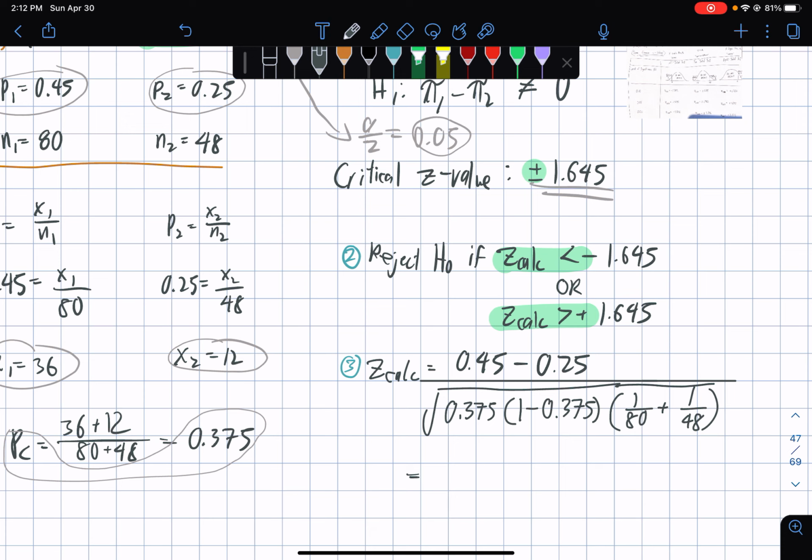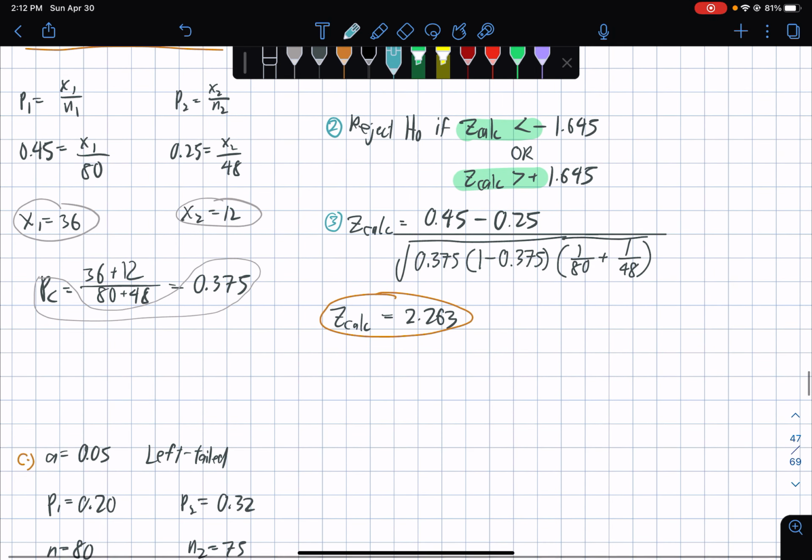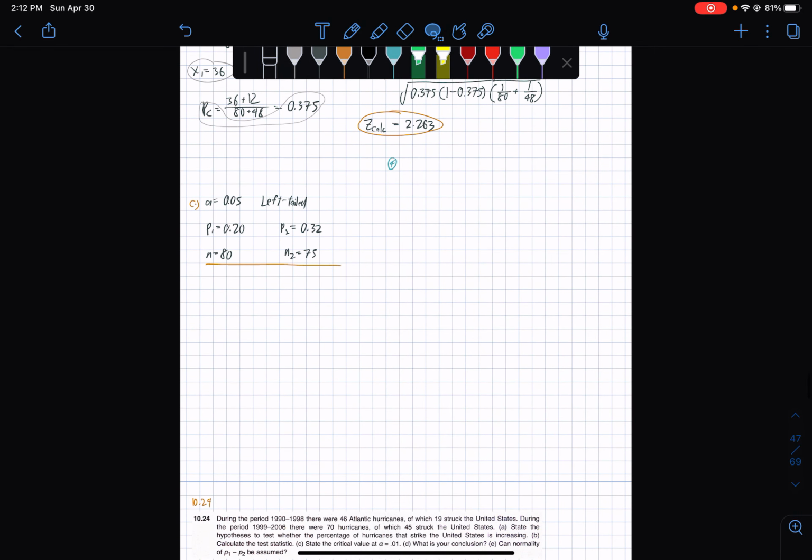Okay, from the calculator, what is the answer? We have 2.263. Z calc is 2.263. Okay, and for step 4, what is our ruling? Need more space.